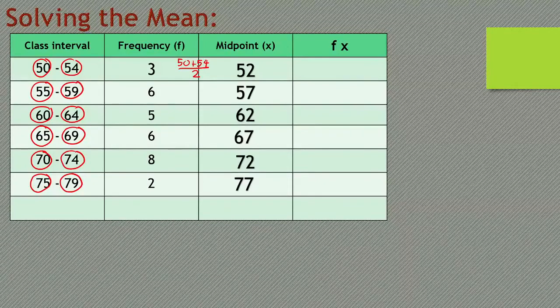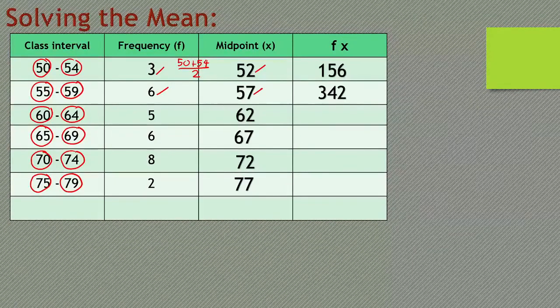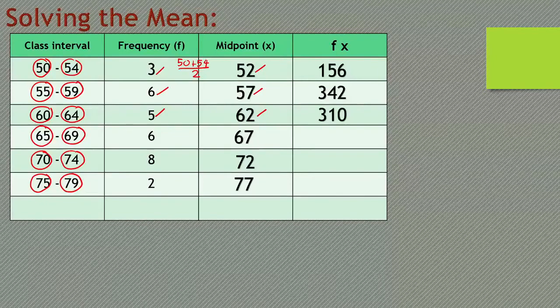Okay, multiply f and x. So what is 3 times 52? 156. What about 6 times 57? 342. What about 5 times 62? 310.